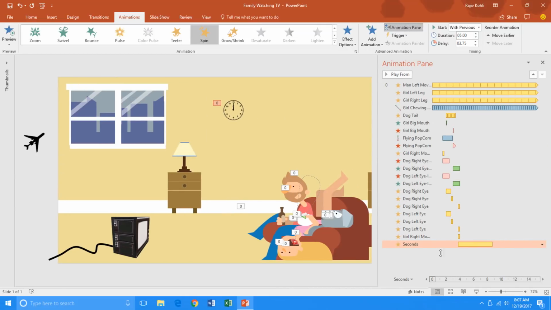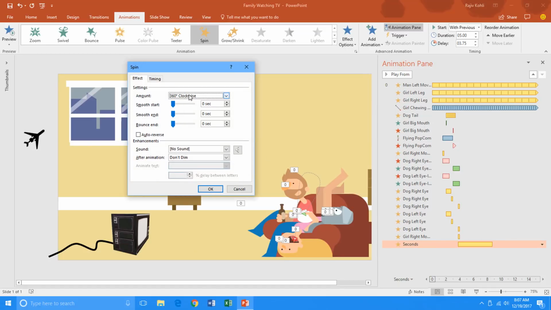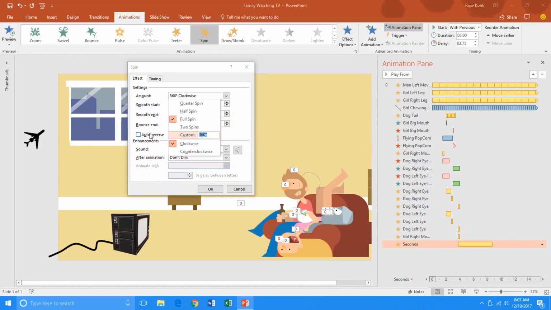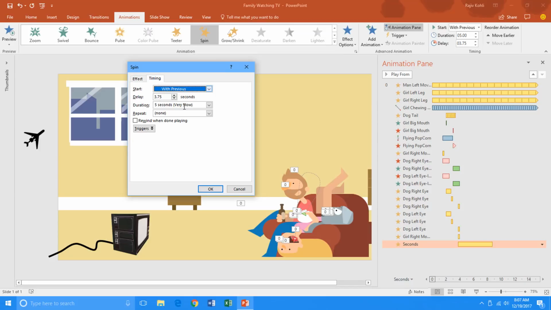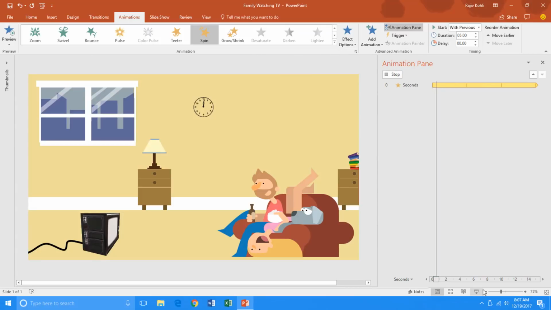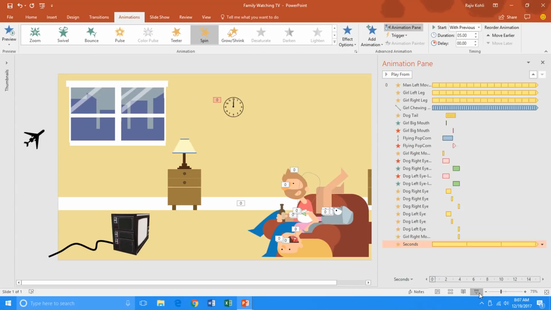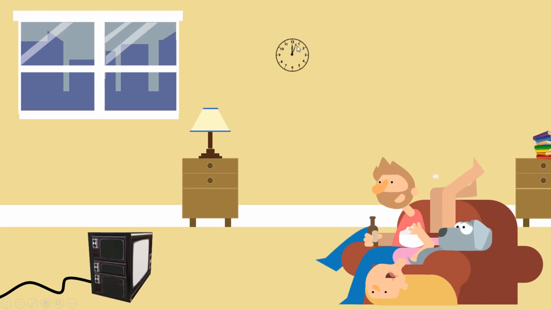I want to rotate it to 50 degrees and repeat until end of slide. And I want to start it from the beginning without any delay, so I apply 0 here, and let's see. Okay, that's fine. Okay, now it's spinning.